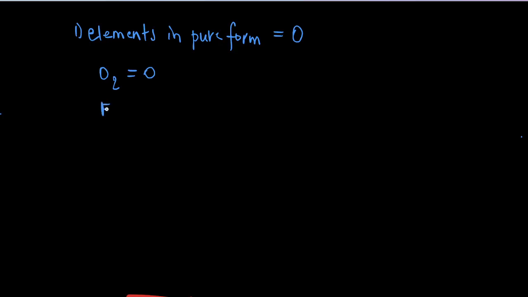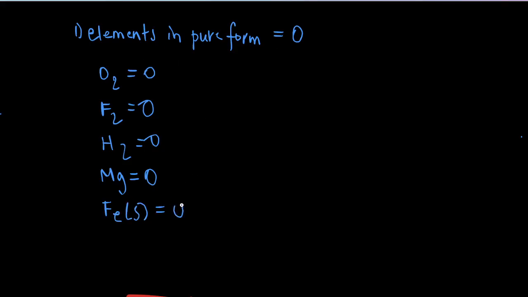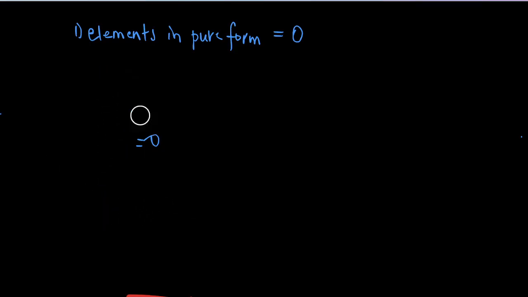Elemental fluorine, that's going to be 0. Hydrogen, that's going to be 0. Magnesium, that's going to be 0. Anything in its pure form as it would occur, iron, solid iron in its pure form, is going to have an oxidation number of 0. Again, just remember that elements in their pure form have an oxidation number of 0.